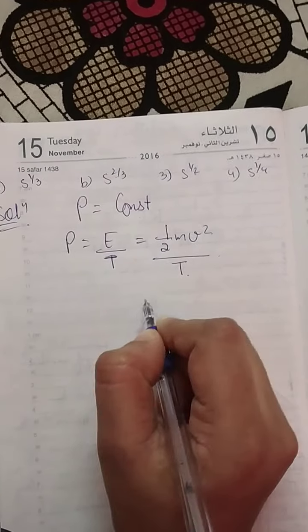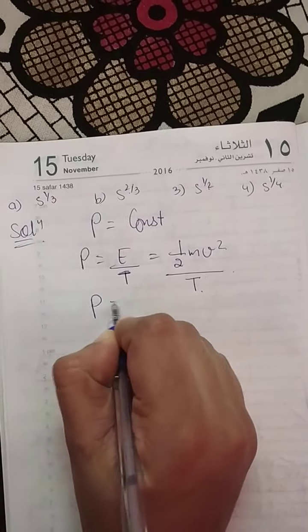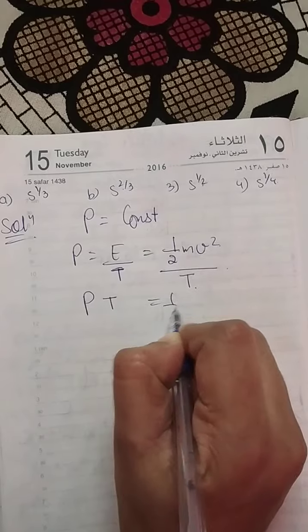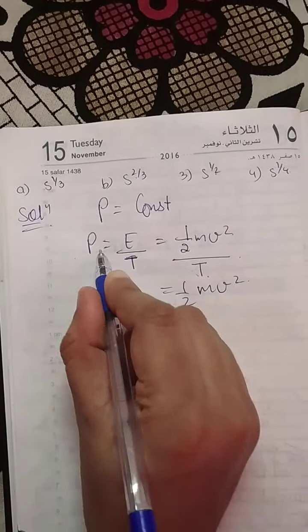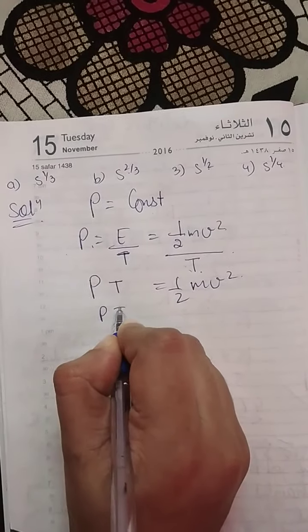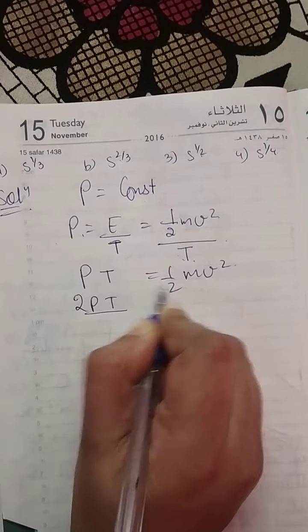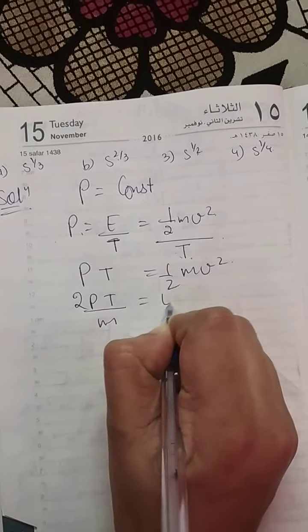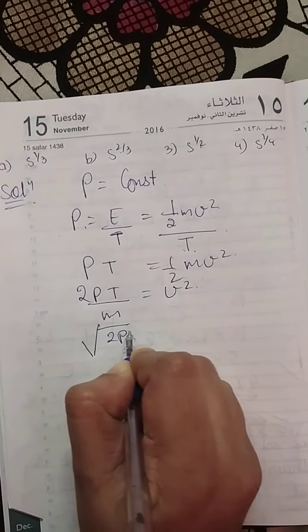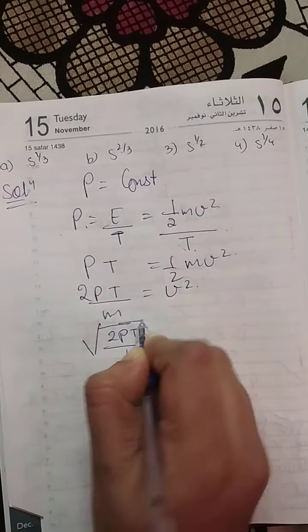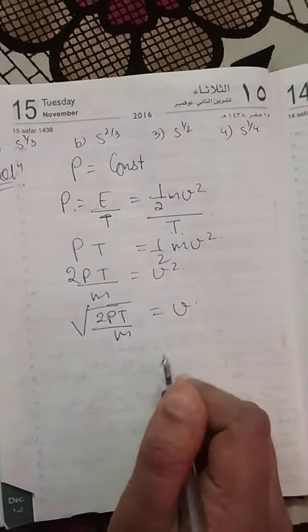Time is t. Can I write P into t is equal to half of mv square? I just multiplied t into P. So can I take 2 and m over here to get v square? That is, 2Pt upon m under root is equal to v.